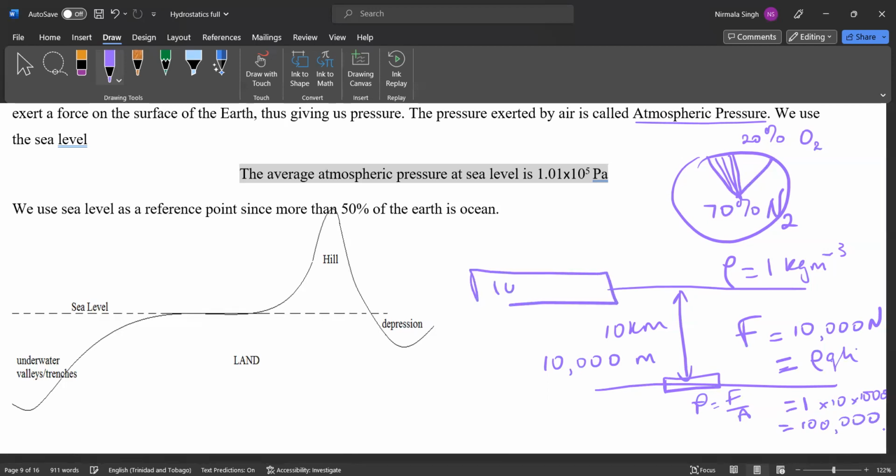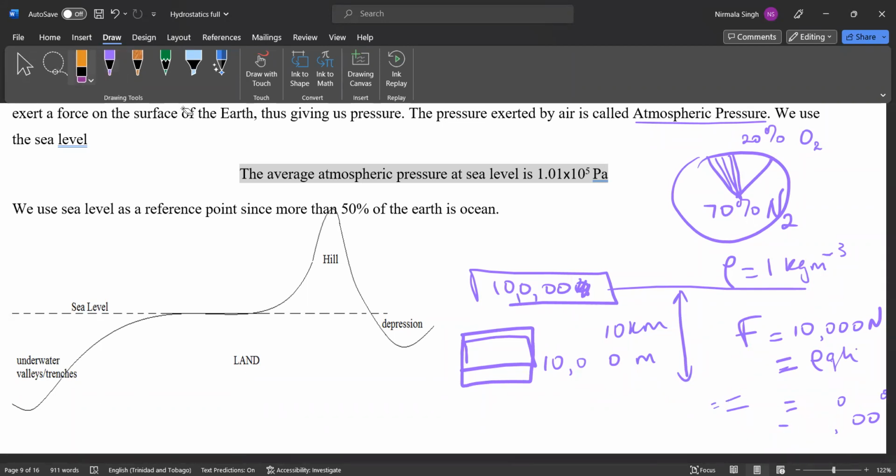On the earth, we have 100,000 pascals of air acting on every meter square. If you put that down on every single 1 meter square, you have 100,000 newtons of force acting.